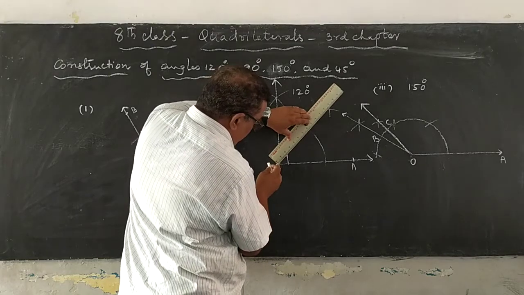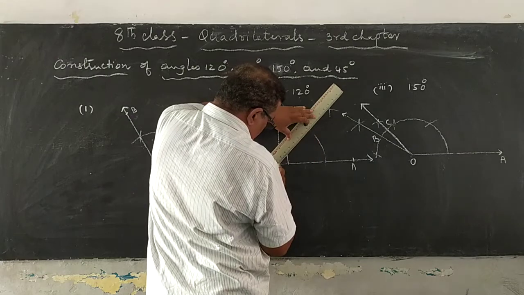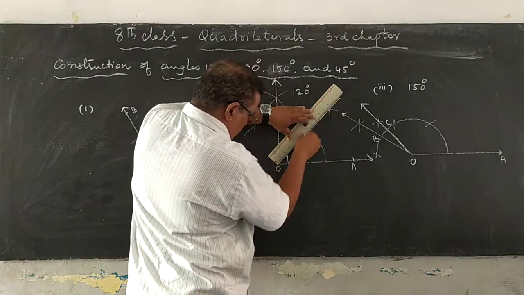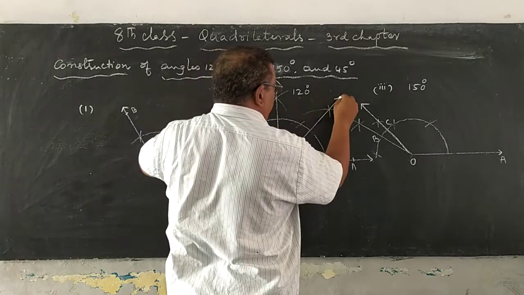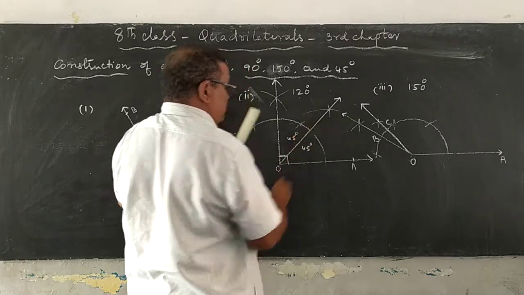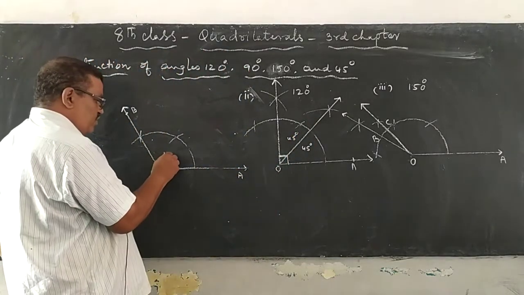Join this one with the scale. The obtained one is said to be the 45 degrees angle. This is 45 degrees. This one is also 45 degrees. These are the constructions of angles. 120 degrees first of all.